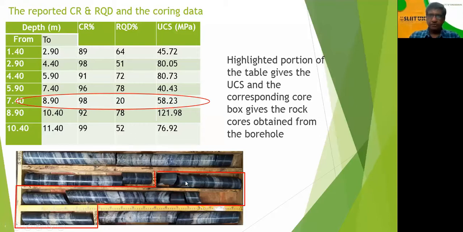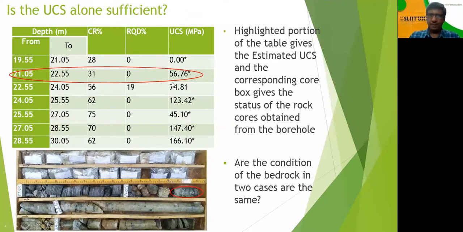And the case 2, here also, you obtain this particular rock from 21.05 to 22.055. That is this particular rock core. So here also, of course, you can do the UCS test on this one.